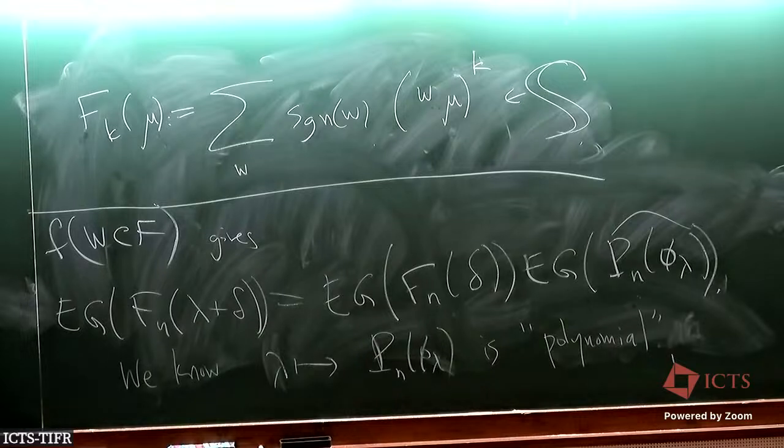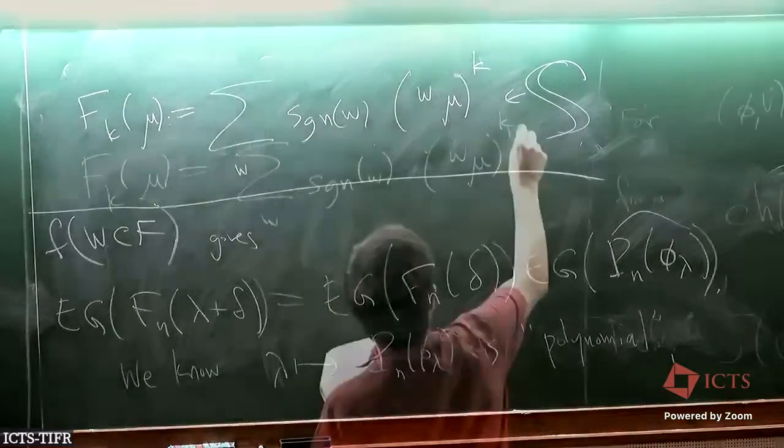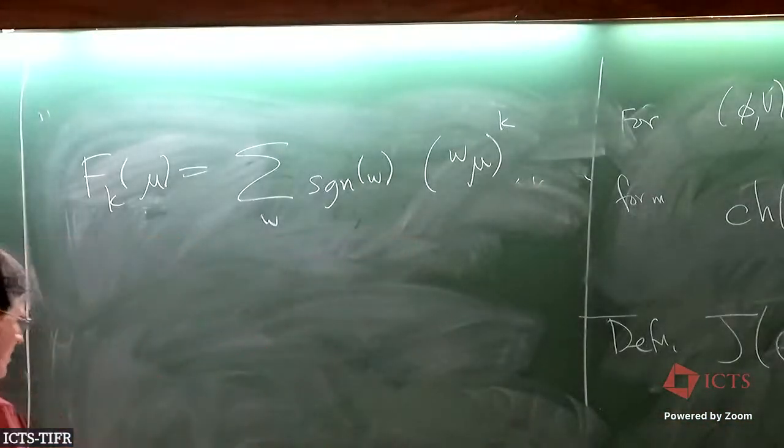I'll copy it again: fk of mu is the sum over w of sine of w times w mu to the power k.